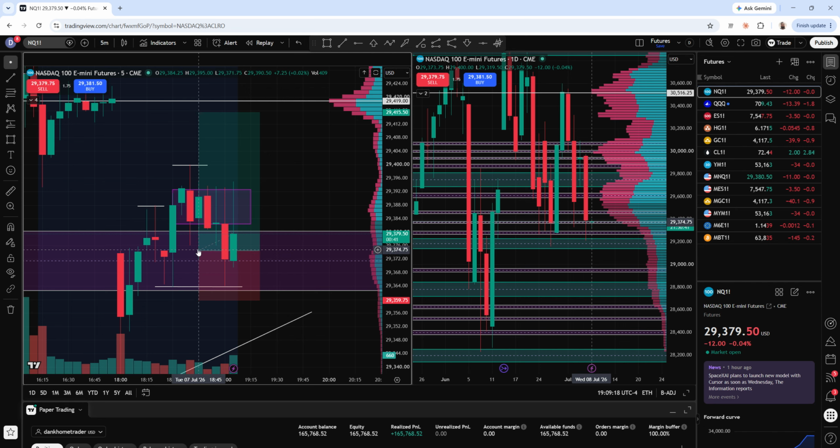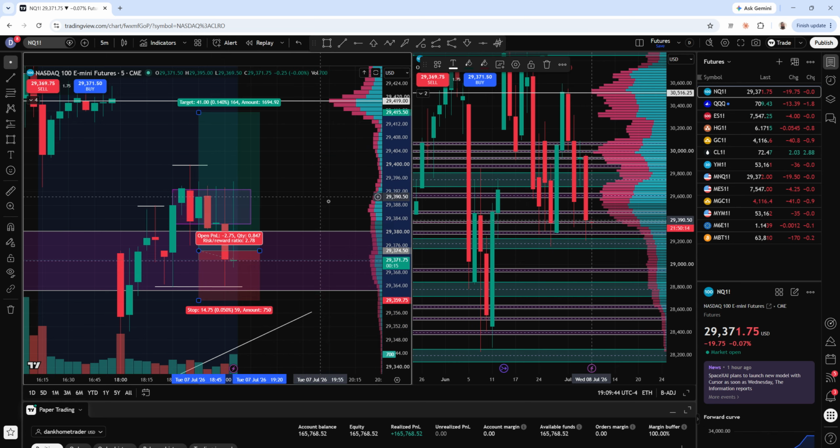So if I missed this entry the first time, I would either leave my entry here, or I would look for structure to support another entry. Like if my concept is it's a long, then I need a body above these bodies to give me confirmation that we're still going to go long. If I don't see that, then I'm not. In this case, if price had continued to, that's my entry.